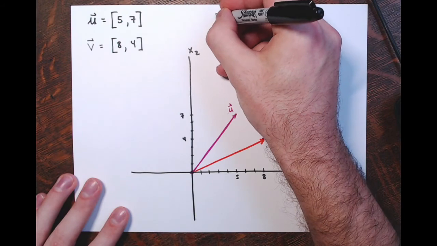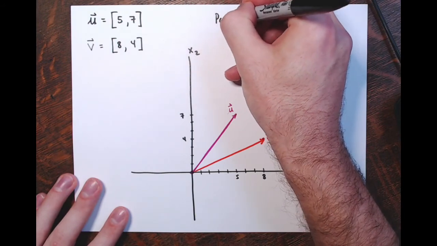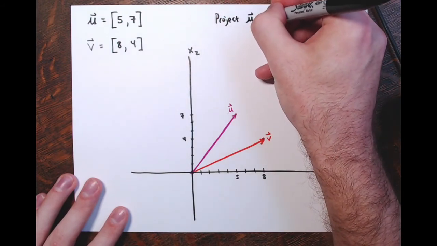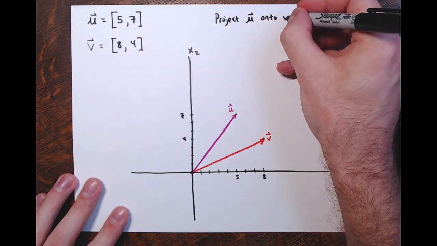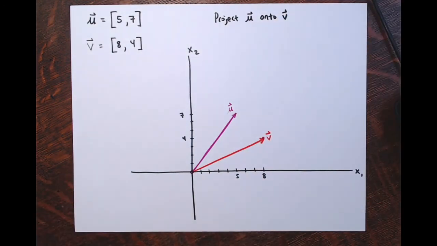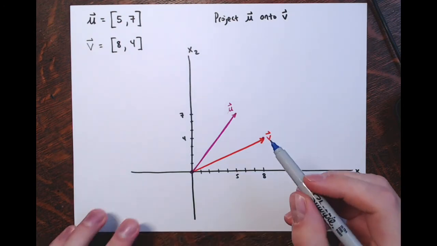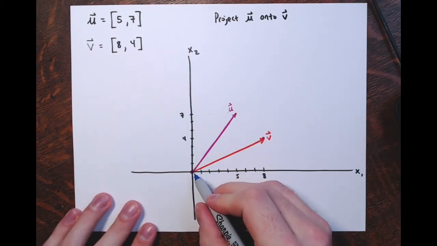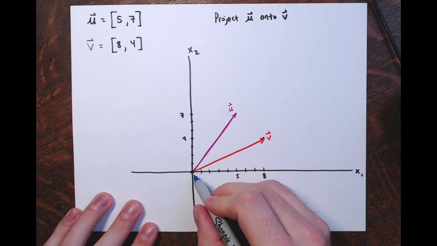And I'm going to project vector u onto vector v, or at least the line with vector v on it. So again, the way that's done is this. I make sure they're both in standard position, both starting from the same initial point.